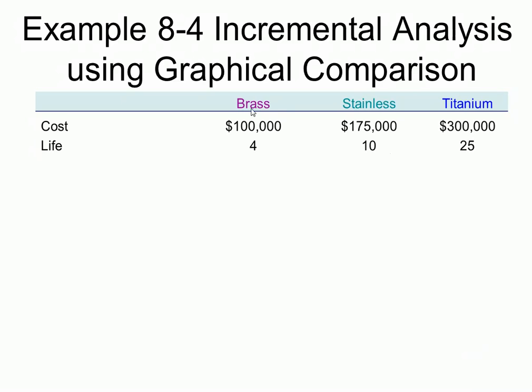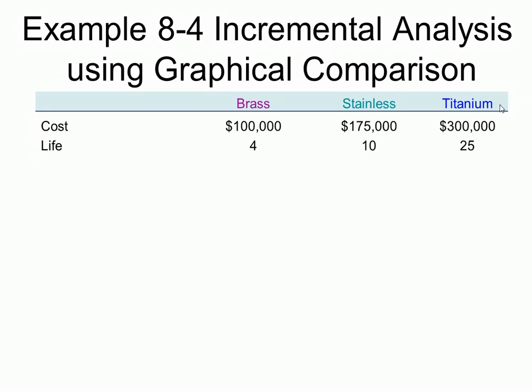So in fact, we could have these different brass, stainless, and titanium as mutually exclusive alternatives. We can either go with making it out of brass, or making it stainless, or making it titanium, or ordering a brass equipment, stainless, or titanium.